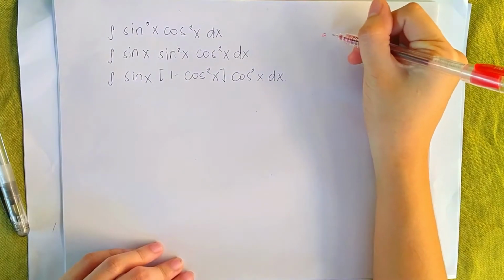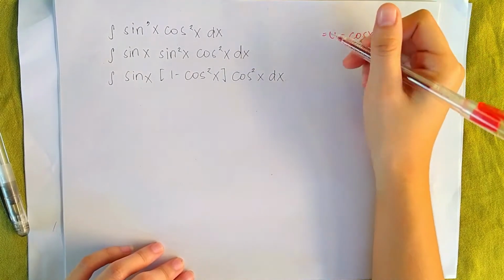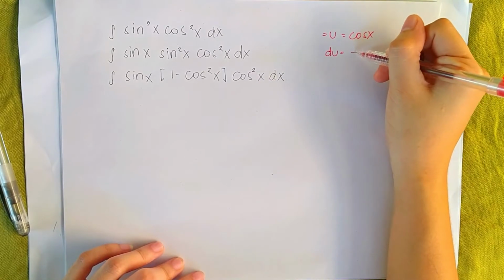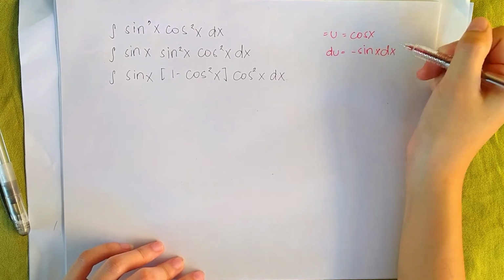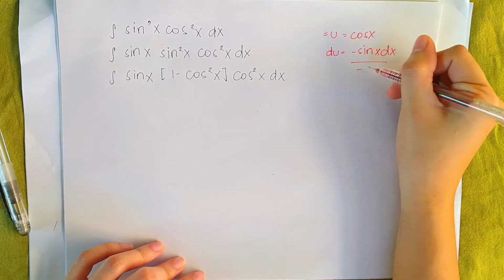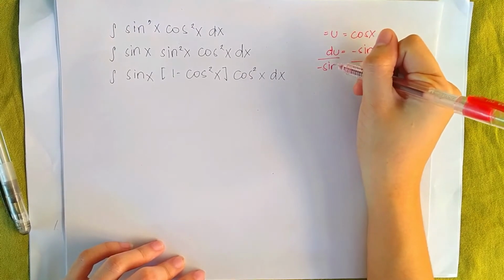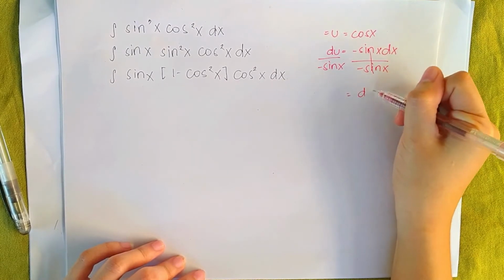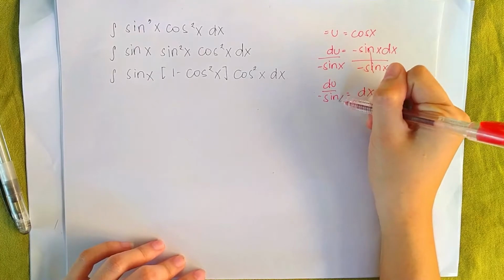So now we can get the value of u. So this will be cosine x, and du will be the derivative of u, which is negative sine x dx. Get the value of dx, so divide both sides by negative sine x. Cancel. dx is equal to du over negative sine x.